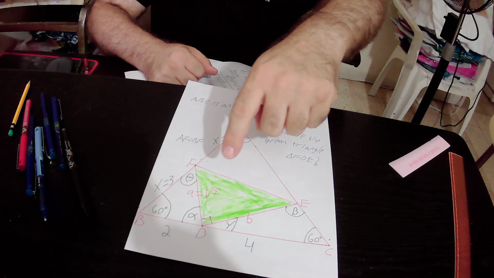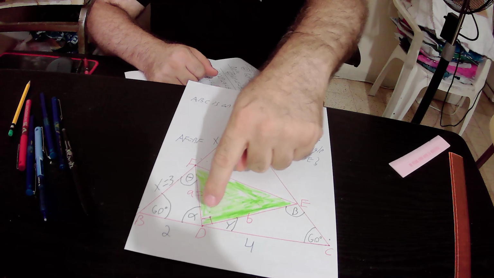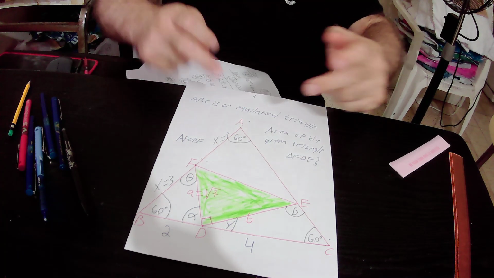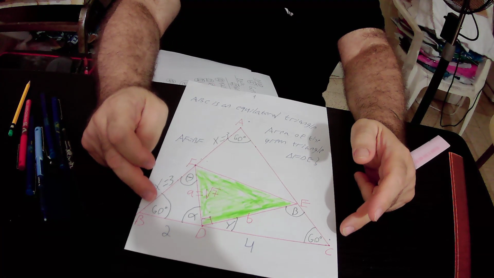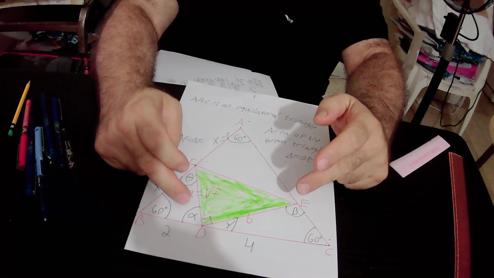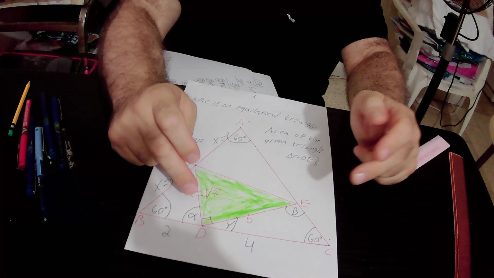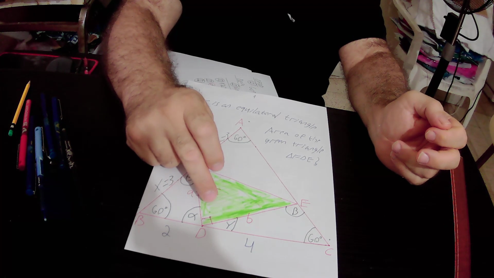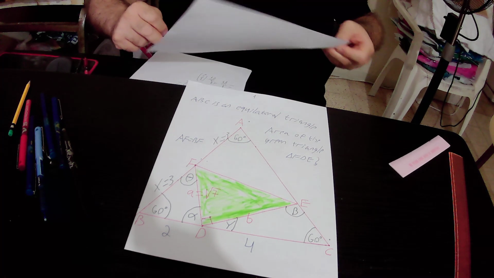So if we focus on point D and line segment BC, the sum of the angles in the upper side of BC at point D equals 180 degrees. That is to say, alpha plus 90 degrees plus gamma equals 180 degrees.